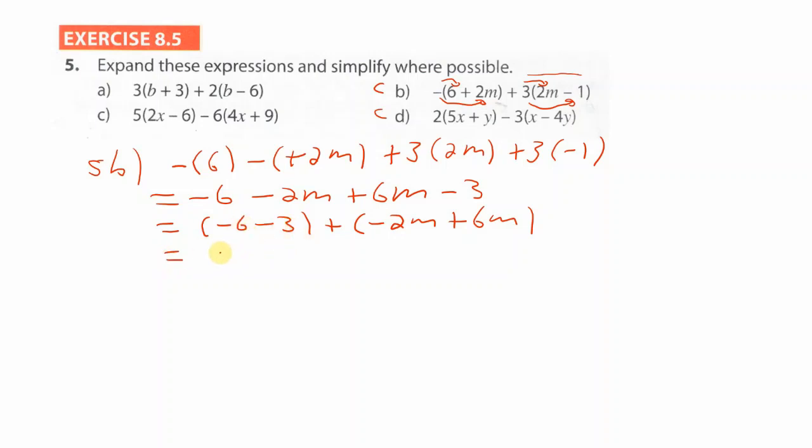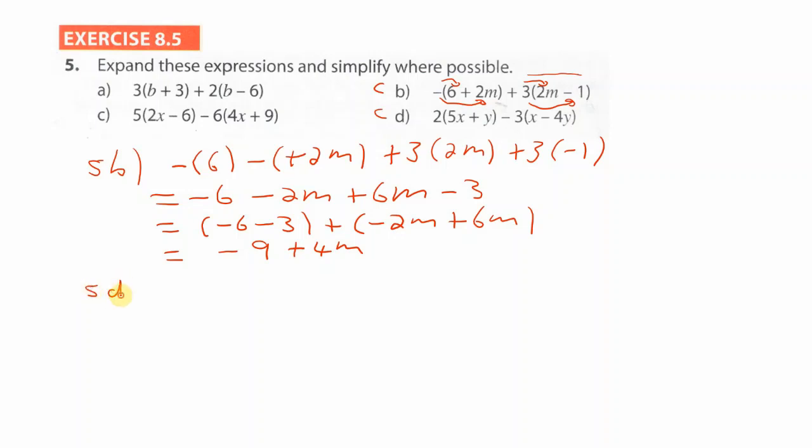We owe 6, we owe 3, we therefore owe 9. We owe 2, we have 6, so we have enough. We therefore have 4m's. And we know we can't add m's and numbers. They are unlike terms. We can only add and subtract like terms.